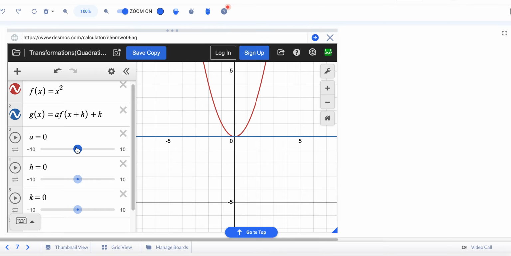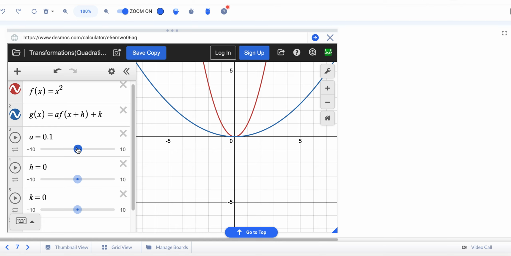So when my a is a fraction between 0 and 1, my graph becomes wider. It compresses. You see, this is 0.1, 0.3. So this is what happens to my graph.